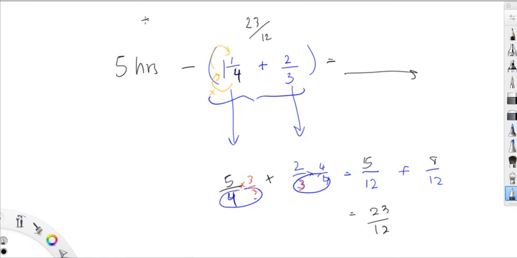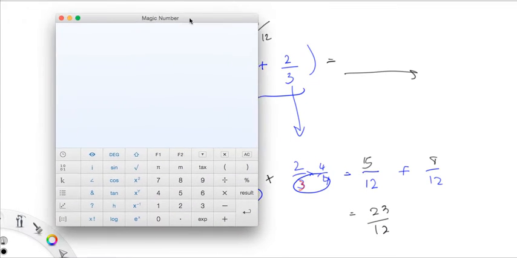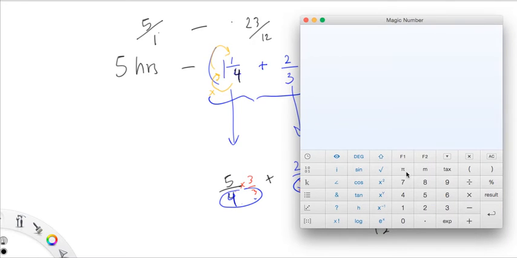So you're going to go 5 hours, because 5 doesn't have a denominator, you can just add 1, 5/1, minus all of that. And again, you could do this whole process again, but I'm just going to chuck it in the calculator. So 5 minus 23/12.